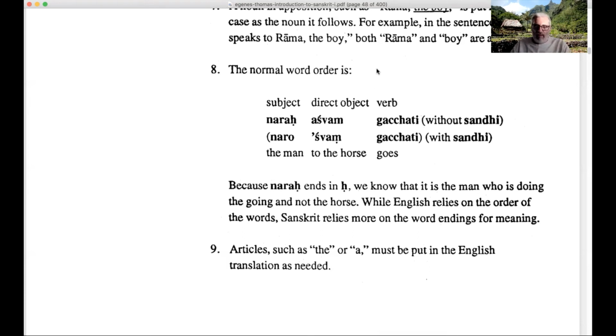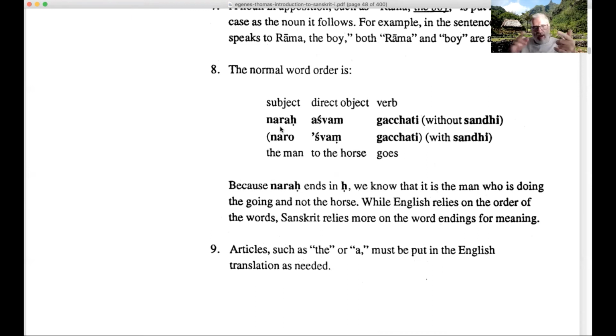So here we have the man to the horse goes. Naraha is the man. It's an A-ending masculine noun in the Pratama Vibhakti Ekavachanam. One man, in the nominative case, singular, Naraha.